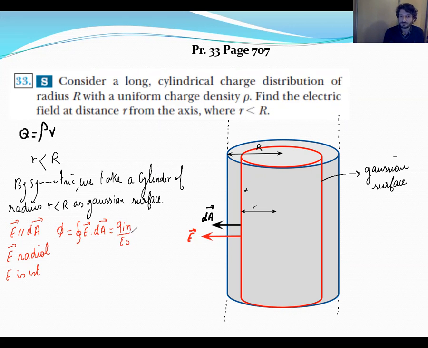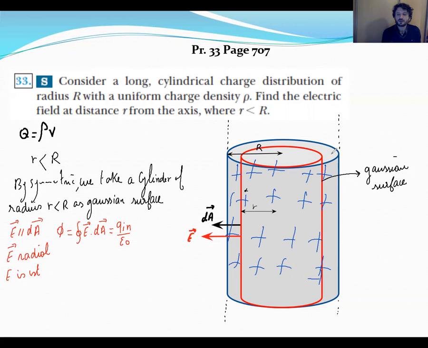Okay, in general here, we have a positive charge at any point inside the cylinder, okay? At any point. Here's the total charge we have.